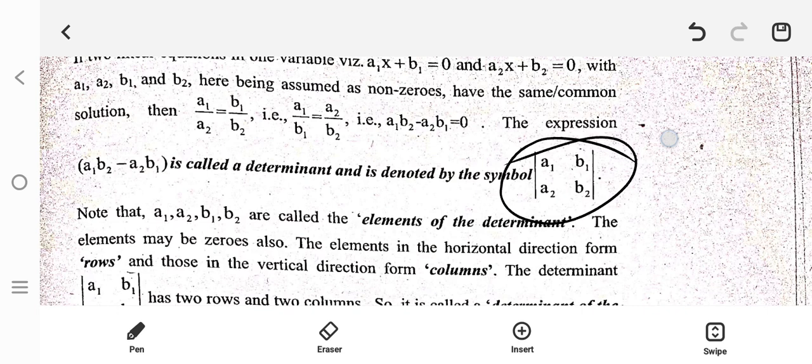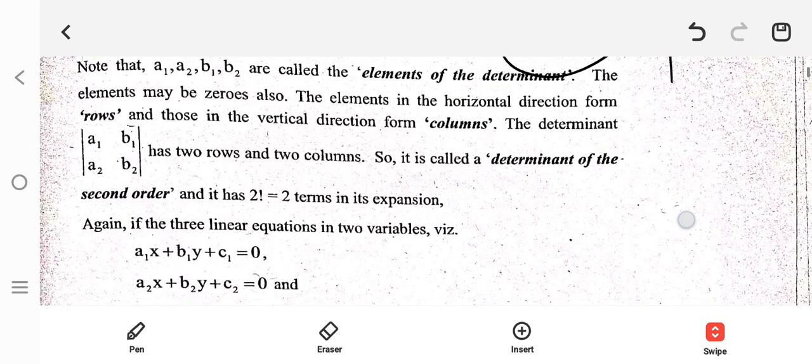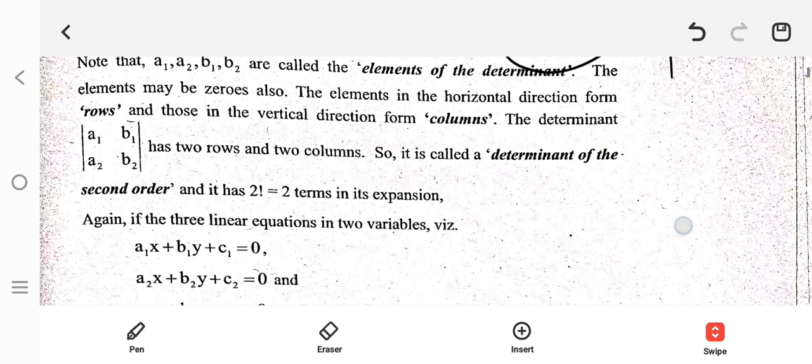Along the vertical axis we see the direction of columns, and along the horizontal axis the direction of rows. As we have two rows and two columns for this determinant, this is a second order determinant.